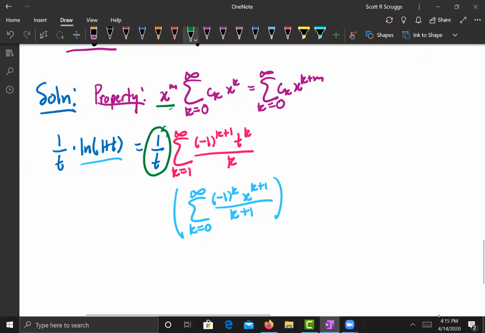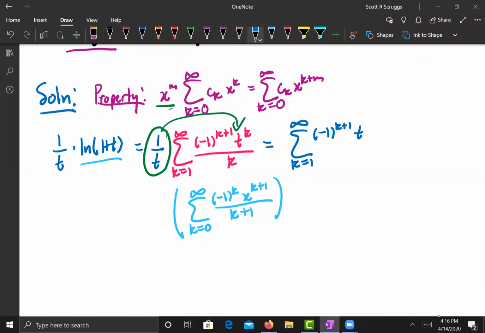So I'm going to move that inside my power series to give me the sum k equals 1 to infinity of -1 to the k plus 1 power, t raised to the exponent that was inside the power series originally, plus the exponent of this x raised by something that I brought in.